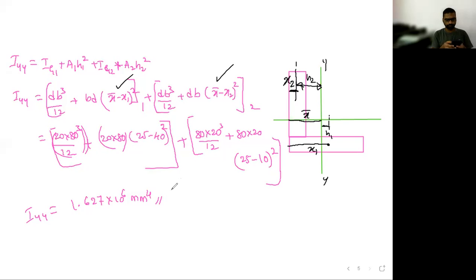20 into 80 cube by 12, 15 square plus 80 into 20 cube divided by 12 plus 80 into 20.